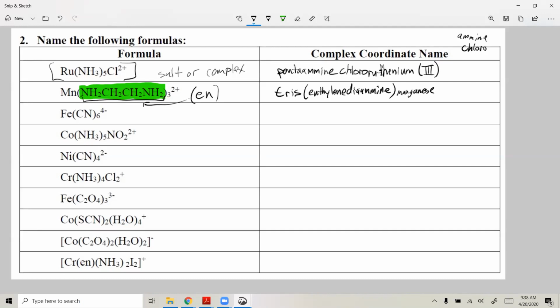So this is our manganese, and then does ethylene diamine, is it neutral or is it an anion or a cation for its ligand? It's neutral. And so this should be an oxidation state of 2.